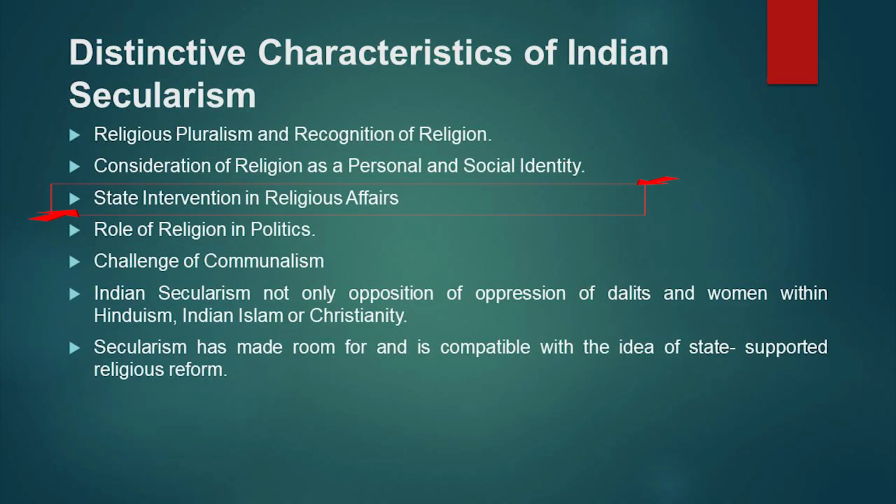Another important feature of secularism in India is state intervention in religious affairs. Indian secularism allows for state intervention in religious affairs when necessary to protect public order, ensure social justice, or uphold the rights of vulnerable groups. For instance, the state can intervene in religious practices if they harm the dignity and rights of individuals.